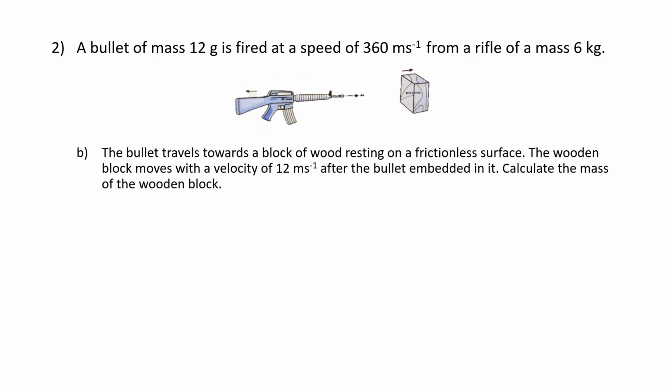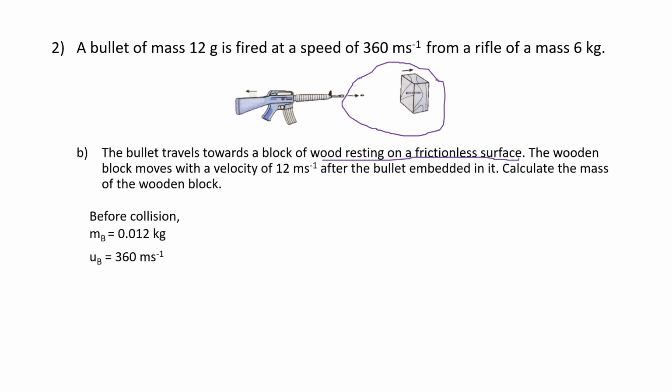As for part B, this is the situation for part B. As usual, we need to find the information for before collision. We need the mass of the bullet and the initial velocity of the bullet, 360 meter per second. Before collision, the block of wood is resting on a frictionless surface, so the block of wood does not have initial velocity, and we don't need to consider it.